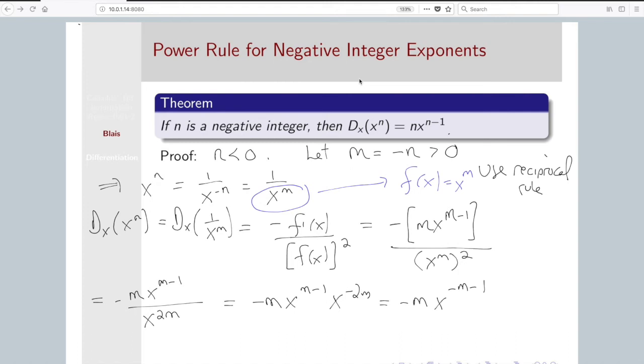Now recall that m is minus n. So if m is minus n, we can multiply both sides by minus 1 to get n is equal to minus m. So this minus m is n, and this minus m is n, which means this is n x to the n minus 1. So the reciprocal rule is what got us there.